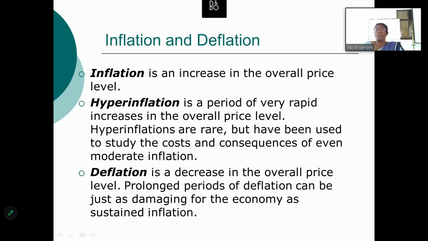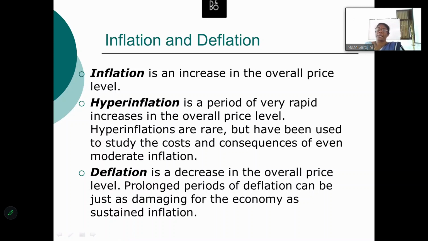Hyperinflation means the price levels are increased very rapidly. We also had some experience in 2020. The price of petrol per litre was 130 rupees. Now, how much? 340 rupees.